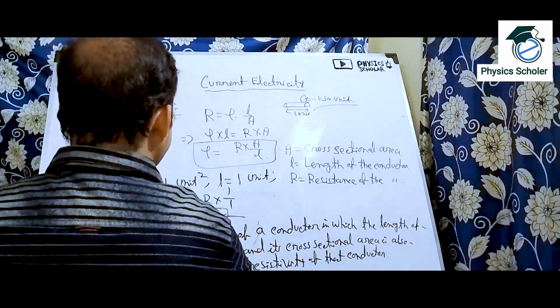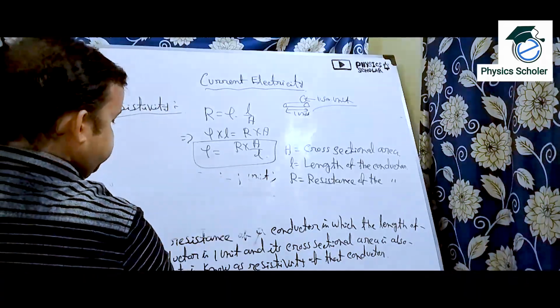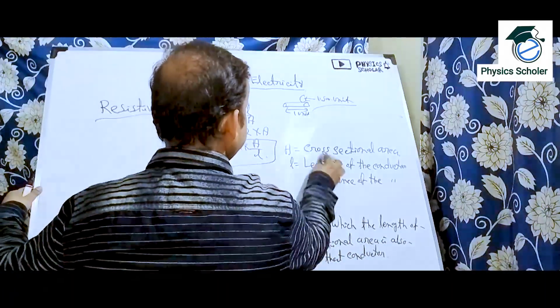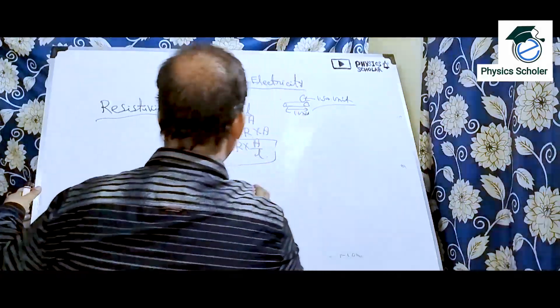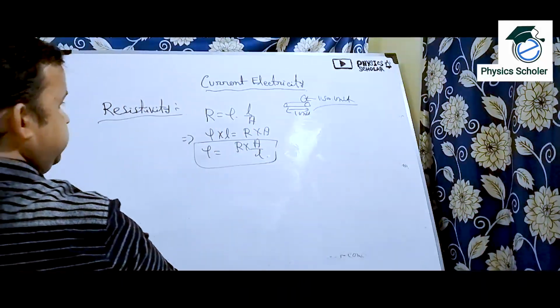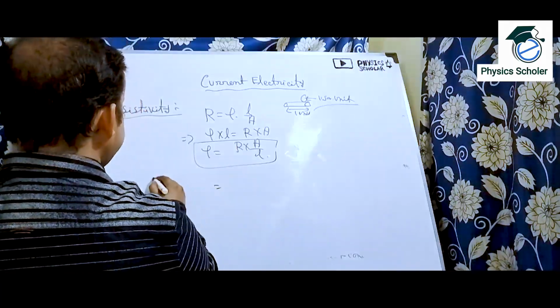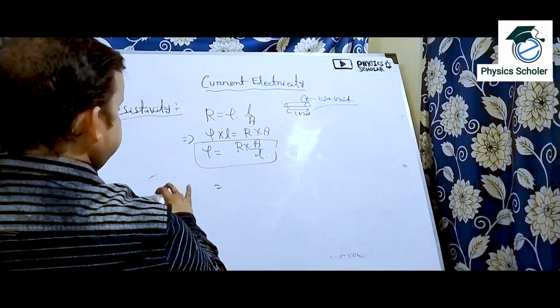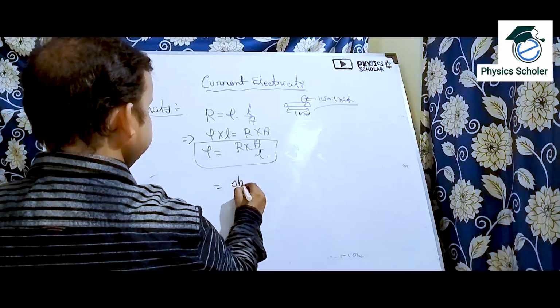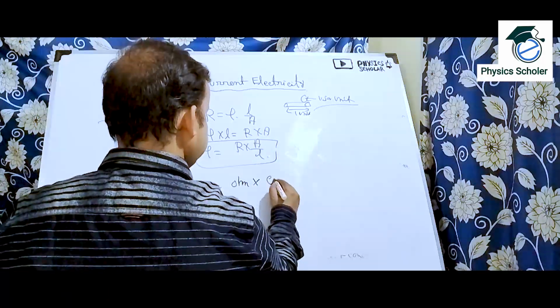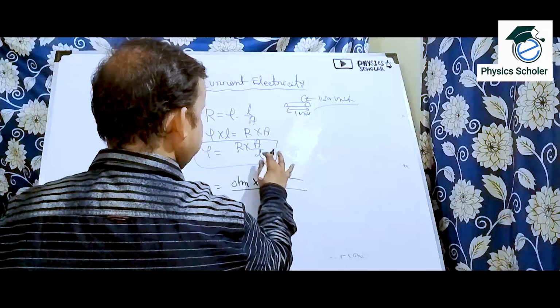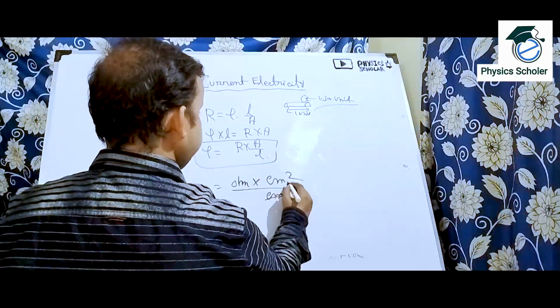Now, what will be the unit of resistivity? See, rho is equal to R into A by L. The unit of R in the CGS system is ohm. The unit of cross-sectional area is centimeter square and the unit of length is centimeter, so these will be cancelled.